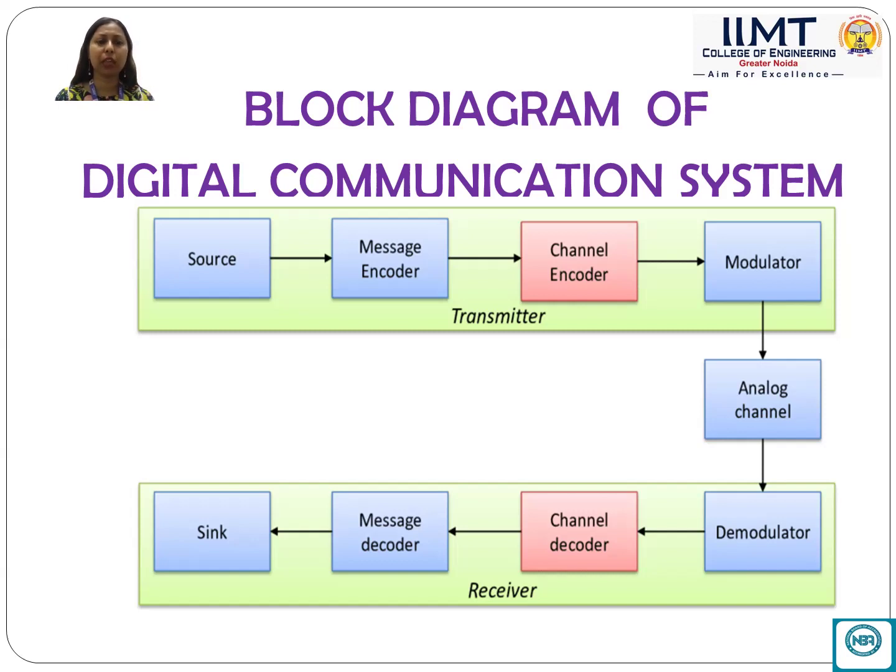After separation, we again decode the signal as per our application, and after decoding we get our message signal. After that comes the sink part, that is our display part. The display may be your personal computer, an LED or an LCD. That is the whole block diagram of a digital communication system, describing mainly the transmitter, the receiver, and the connecting wire.